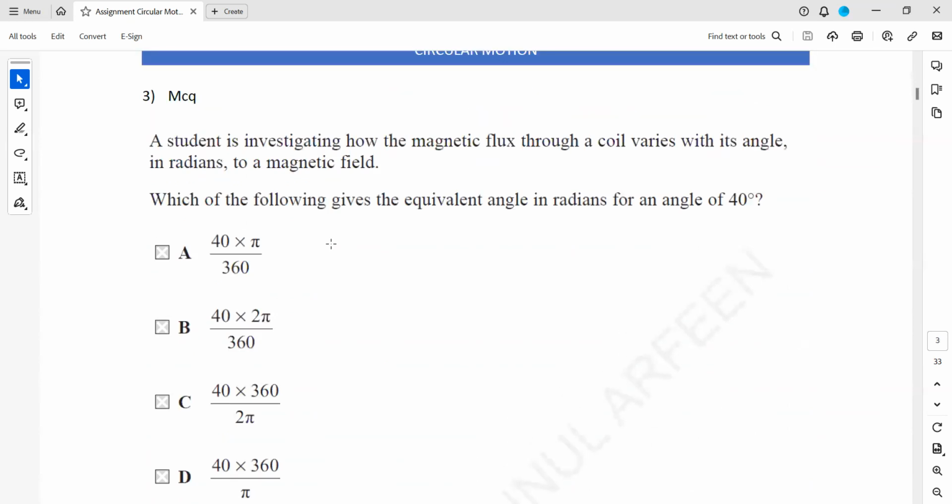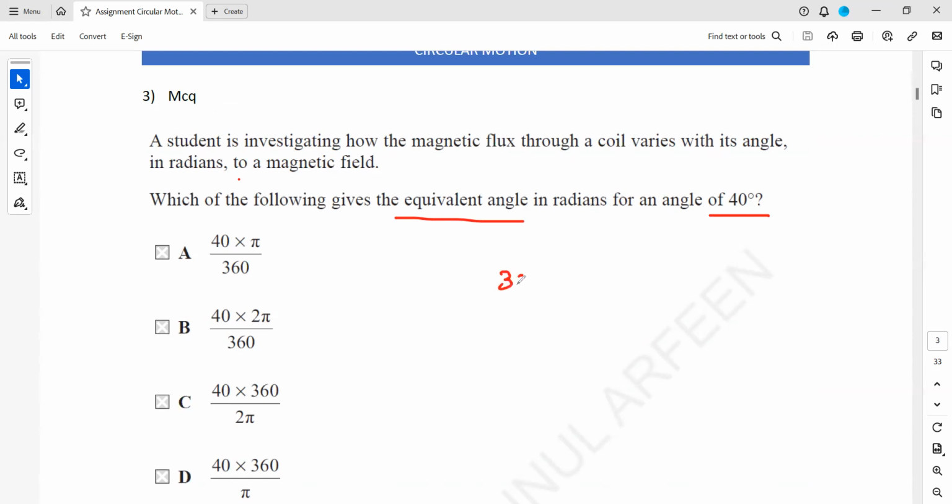In question 3, a student investigates the magnetic flux through a coil as the angle in radians to the magnetic field varies. Which of the following gives the equivalent angle in radians for 40 degrees? We want to convert.